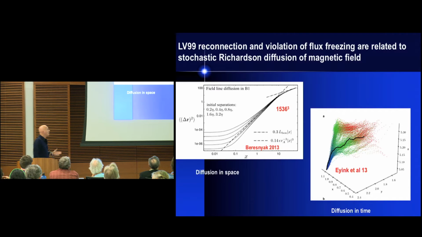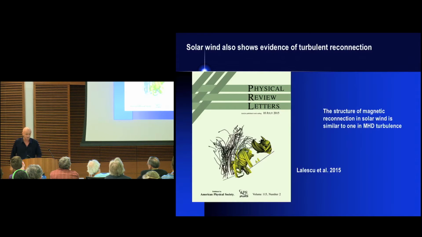One was based on the fact that we proved that the fast reconnection is also equivalent to the Richardson diffusion, and these are some simulations by Andrei Beresnyak, who is around here, and Greg Eyink, who shows this reconnection diffusion.